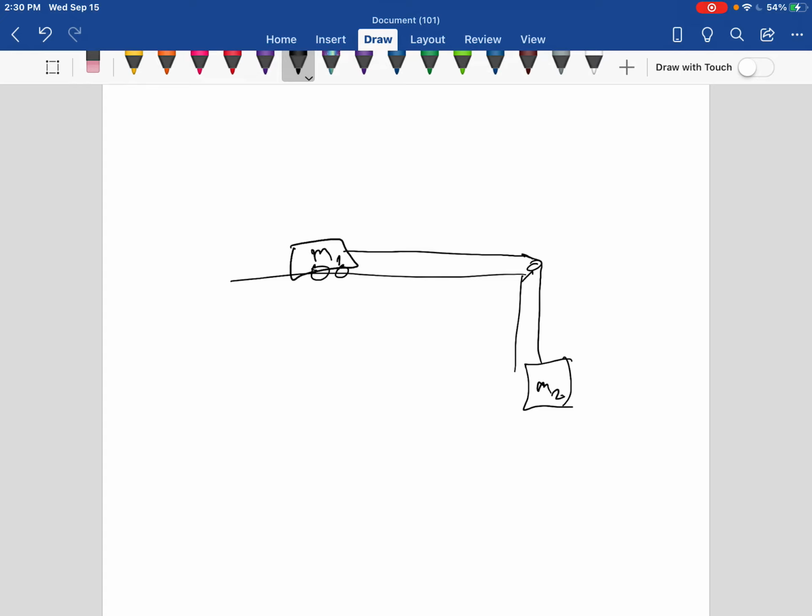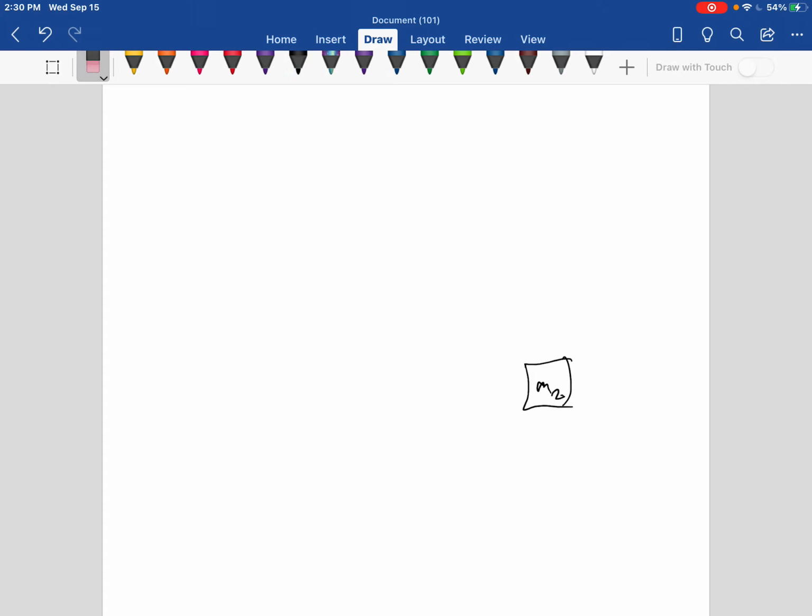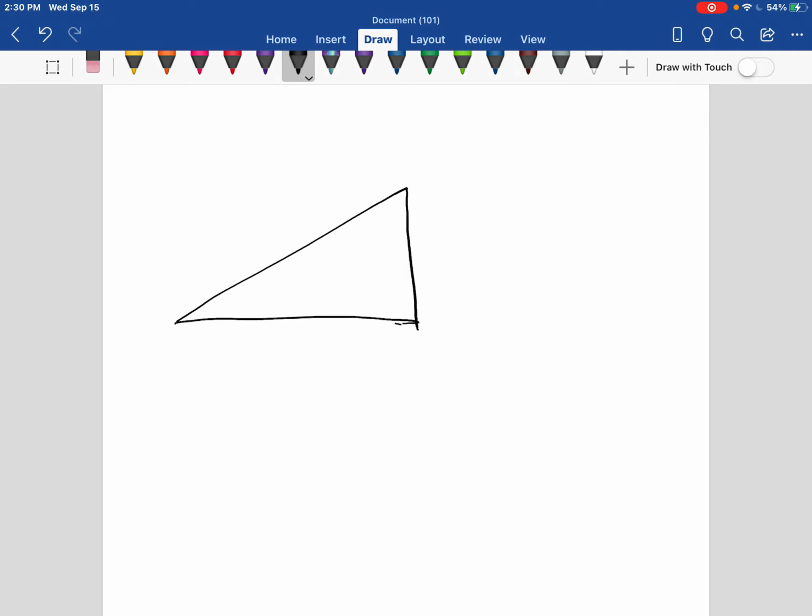So this is a two-dimensional problem: weight on an incline. Let's erase all of this. I will draw the scenario over here. This requires us to split the forces into components. So let's do this example.